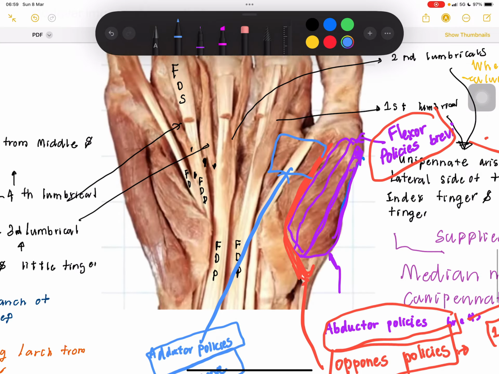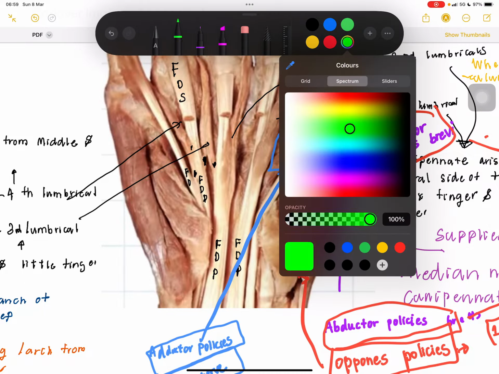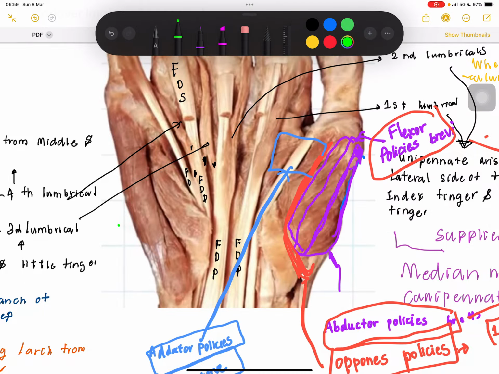And then on this pink side, the hypothenar, outwards we have the abductor. As this is the little finger, we call this digiti minimi. And then the flexor digiti minimi.